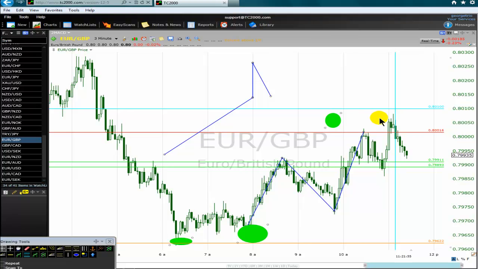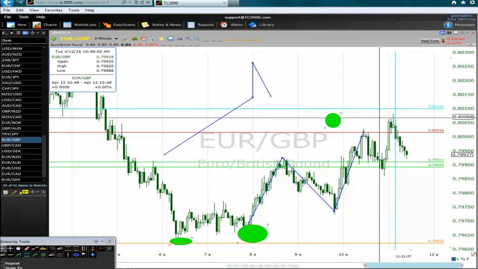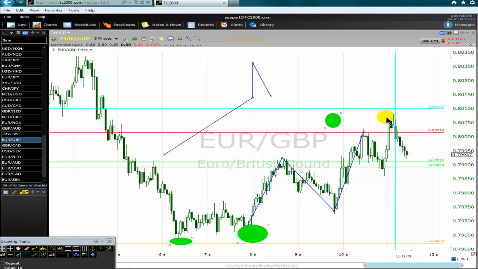If orders are packed somewhere here, sometimes you may see a tall candle push it there to fill the order, because it's a sell order. The next move after the bullish tall candle is all sell, because the order to sell has been filled, and the purpose of this tall candle is only to fill the order.